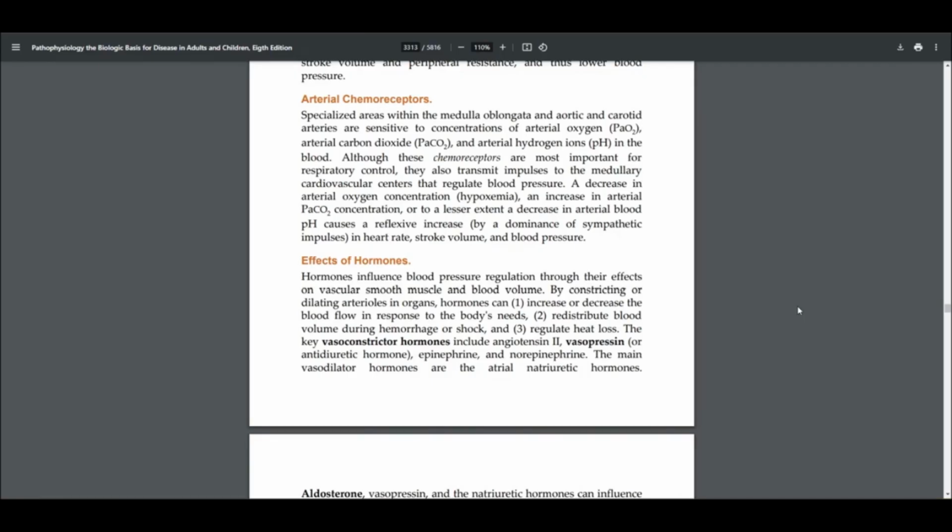Although these chemoreceptors are most important for respiratory control, they also transmit impulses to the medullary cardiovascular centers that regulate blood pressure. A decrease in arterial oxygen concentration, hypoxemia, an increase in arterial PaCO2 concentration, or to a lesser extent a decrease in arterial blood pH causes a reflexive increase, by a dominance of sympathetic impulses, in heart rate, stroke volume, and blood pressure.